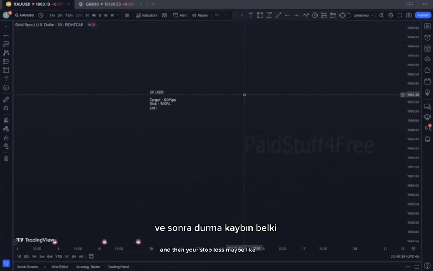And then your stop loss, maybe like 15 pips, something like that. Your trade size is going to be 0.001, and the risk ratio, the percentage, 100% of the account. It's telling me two lots.